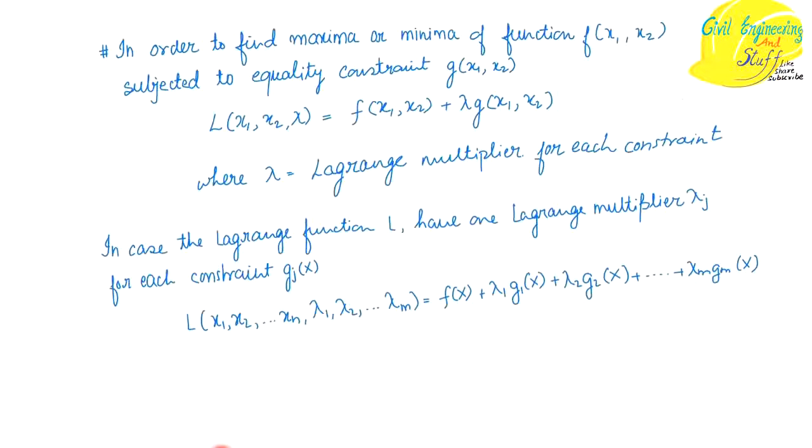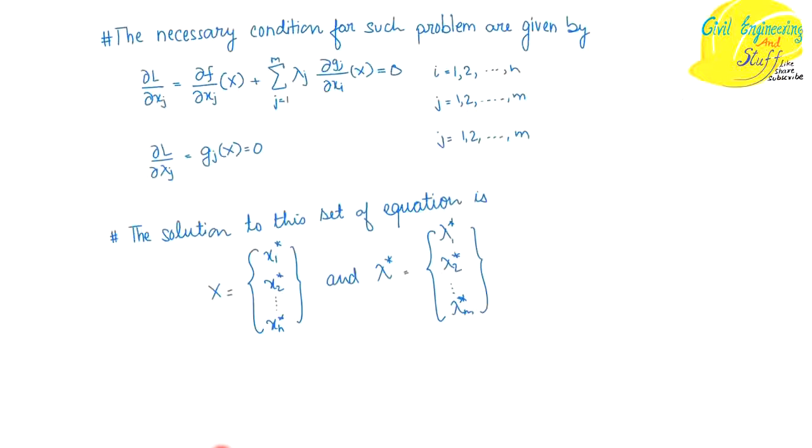and then we will take the first derivative of that to find the values that will give the maxima or minima of the function, right? So the necessary condition is that the new equation, that is the Lagrange equation, will be partially differentiated with respect to the variables that we have, right?